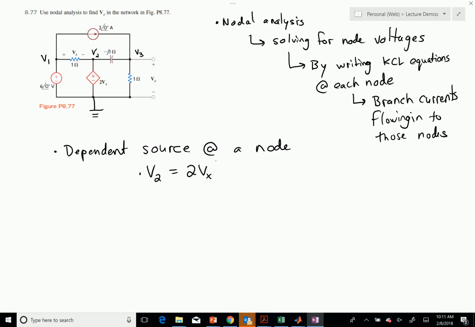The fact that I have V2 equal to 2Vx is a little bit of a problem. If I had an independent source at a node, I would know its node voltage right away, and I wouldn't have to write a KCL.